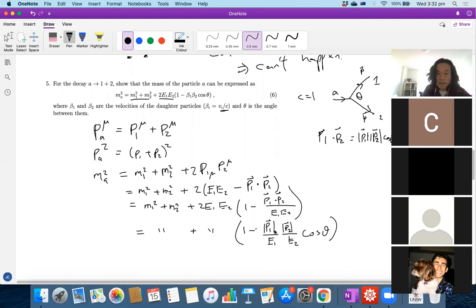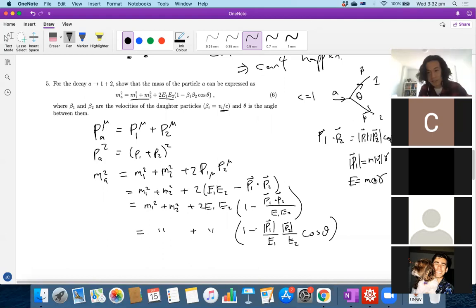Now this P_1 divided by E_1, if you go back to the definition of relativistic 3-momentum and relativistic energy, we see that 3-momentum relativistically is equal to m v gamma. So it's just the normal non-relativistic momentum with a Lorentz factor tagged at the end. And the energy is m c gamma.